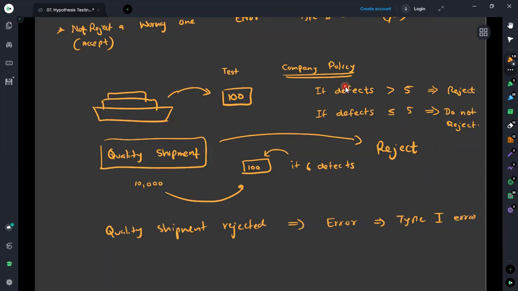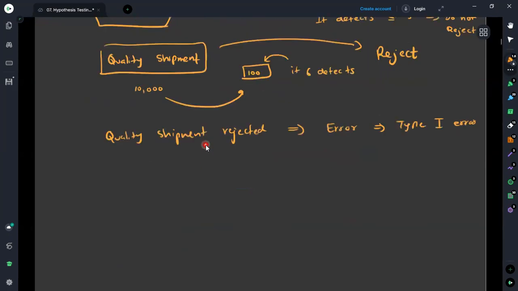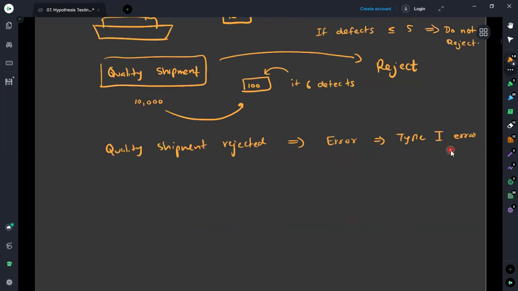Therefore, this is how we can explain the type 1 error. And this is supposed to be the producer's risk, type 1 error as the producer's risk. It is because the producer made this shipment, but the consumer rejects it by assuming it is a bad shipment, since they have found 6 defects.